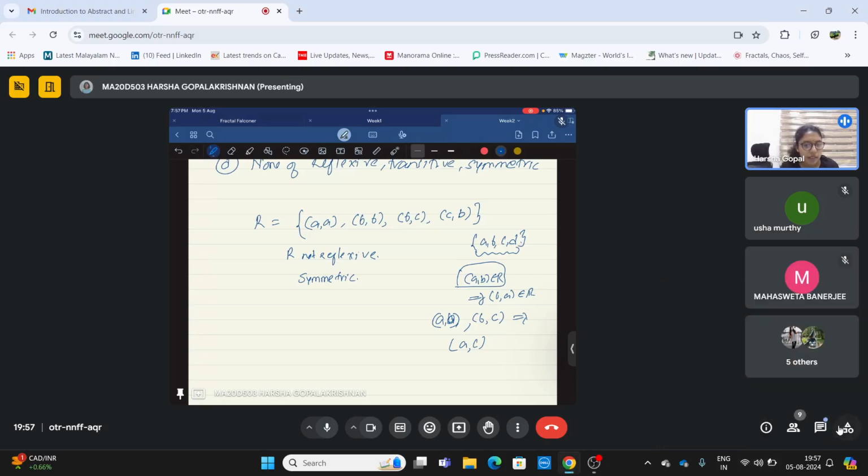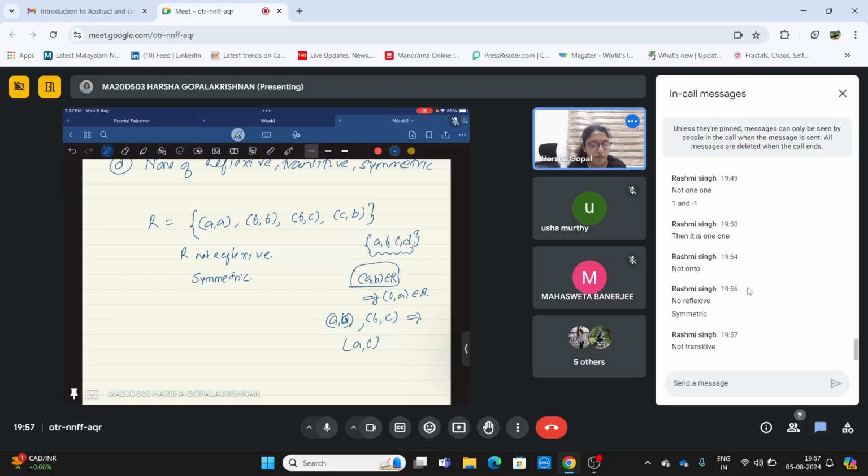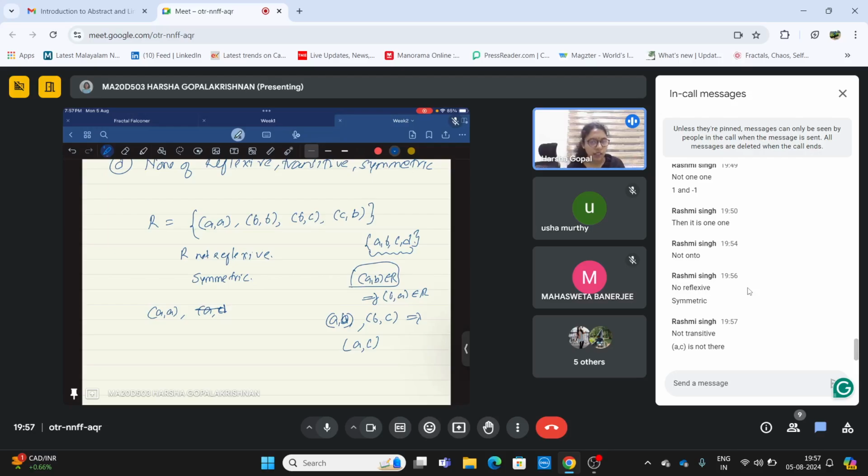Can you give an example why it is not transitive? For that we need two elements AB and BC such that AC is not there. See, here we have AA, but there is no element starting with A, correct? AC or AD, something like that, is not there.